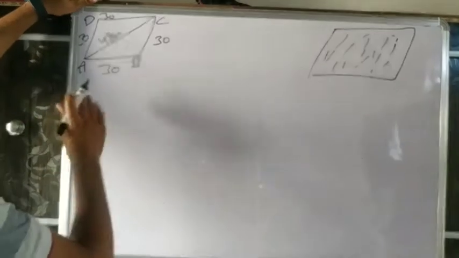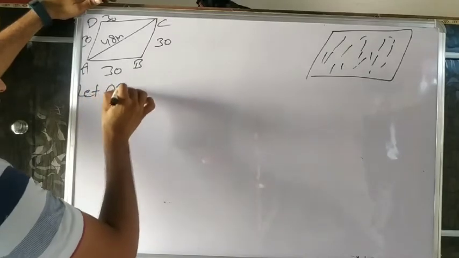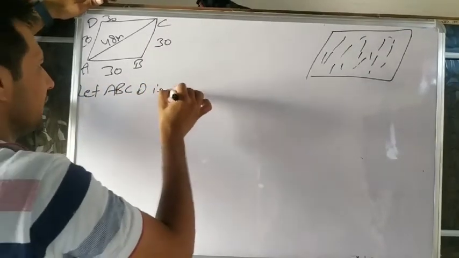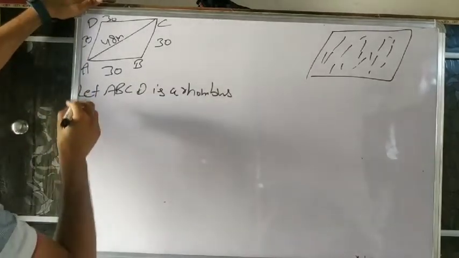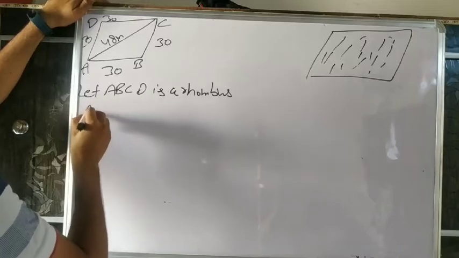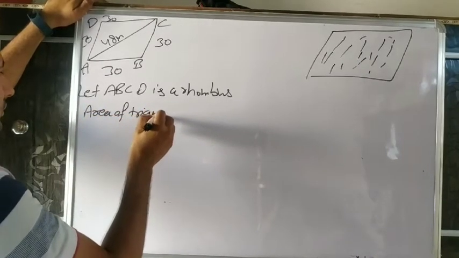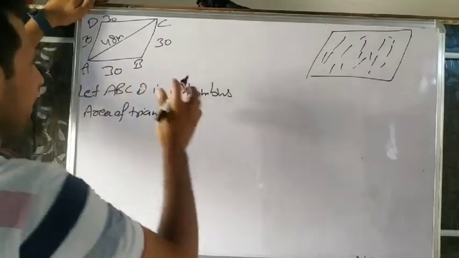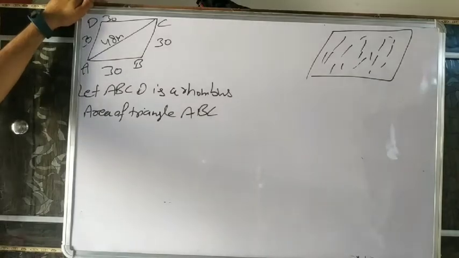So we will write, let ABCD be a rhombus. Understand? So first we will find the area of triangle ABC. How will you find it?